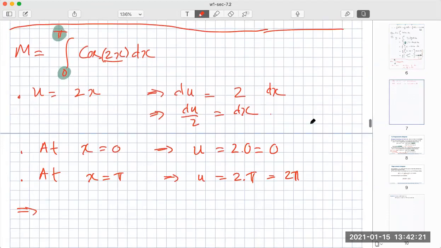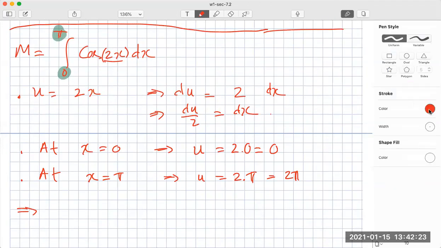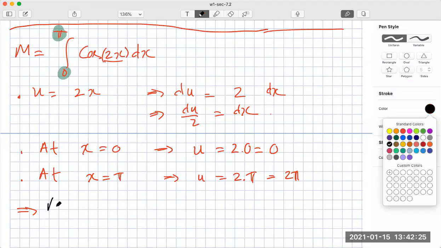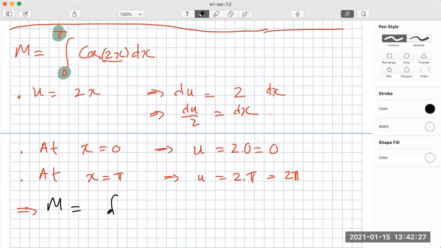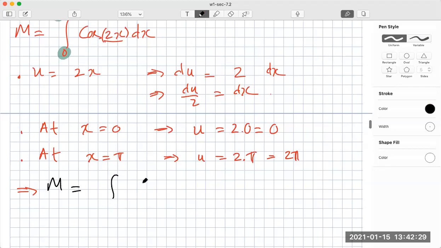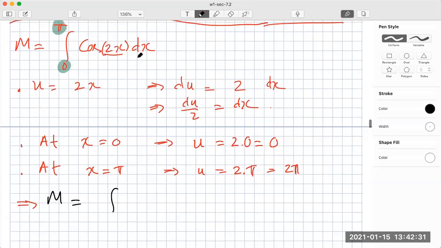Therefore, we can rewrite m: the integral becomes an integral written in terms of u. So let us write dx as du over 2, here, right? And cosine of 2x becomes cosine u.